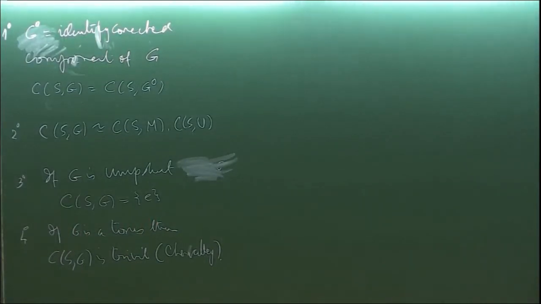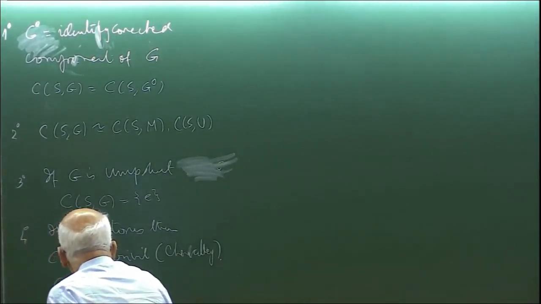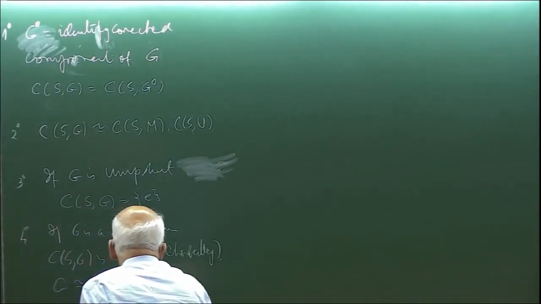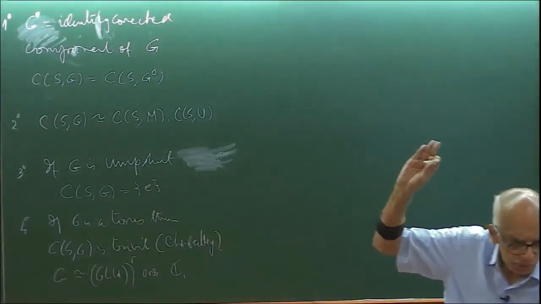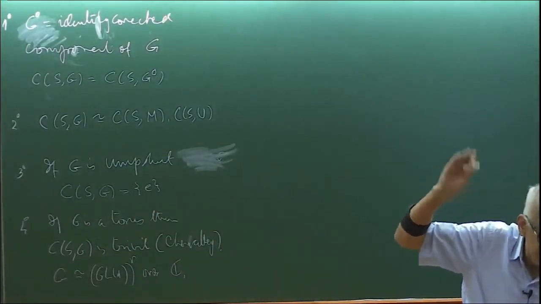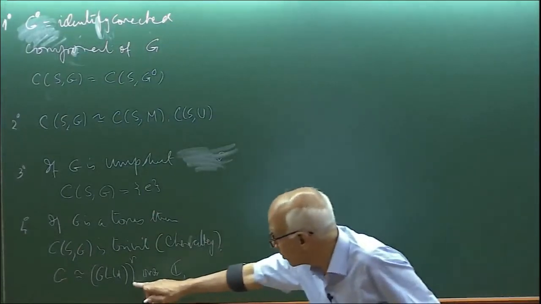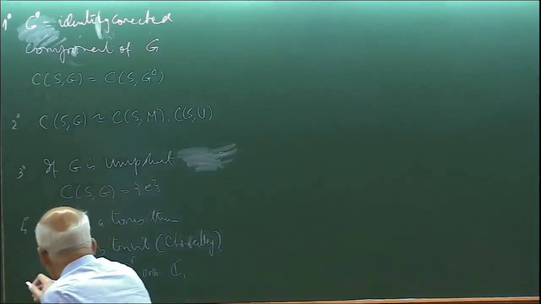What does it mean to say G is a torus? This means G is isomorphic to GL1 to the power r, not over the field K, but when you go to the algebraically closed field C, then G becomes isomorphic to some GL1 power r. Then you call it a torus.